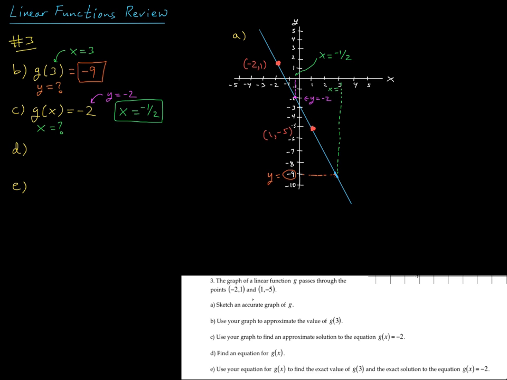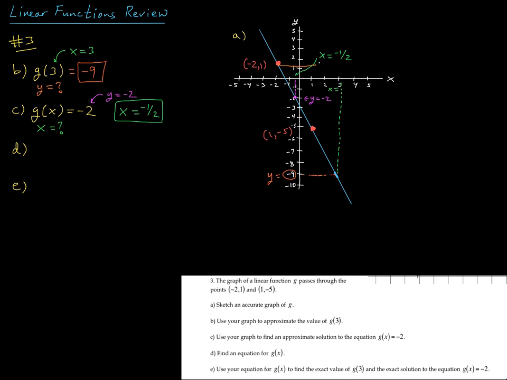Now part D is asking us to find an equation for g of x. And so we could first find the slope just by counting rise and run.